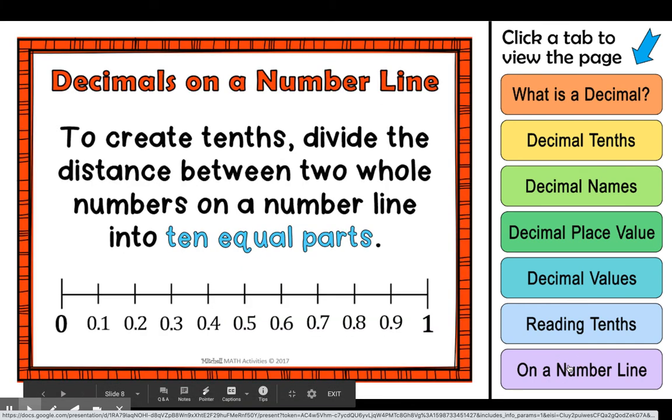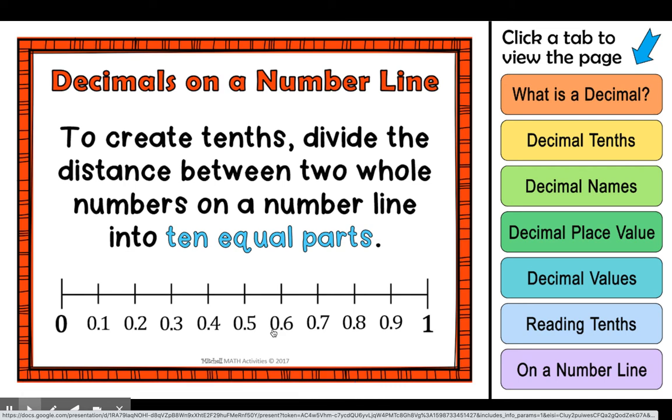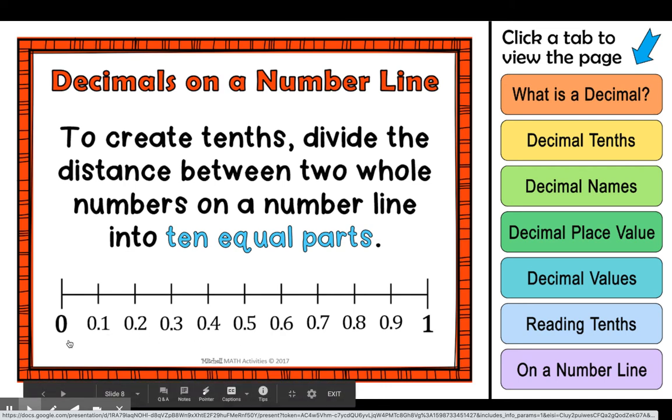Now, we're also going to be representing how to show tenths on a number line. Here, instead of a square that's been divided into 10 equal pieces, we have a number line that shows the space between 0 and 1.